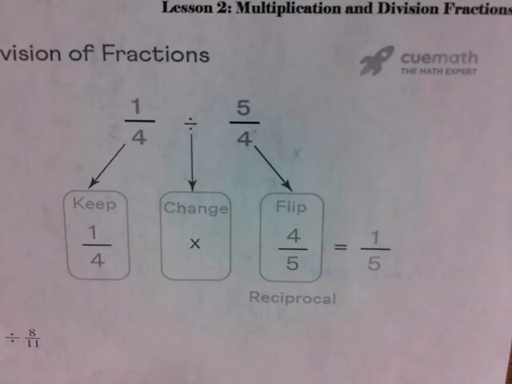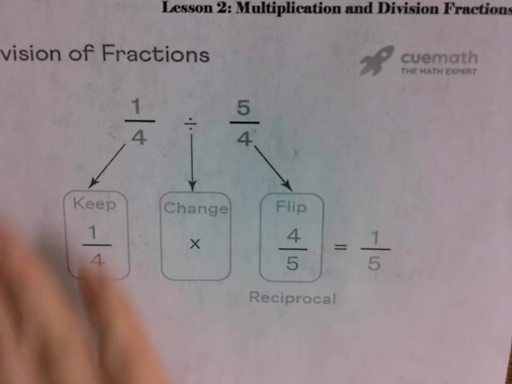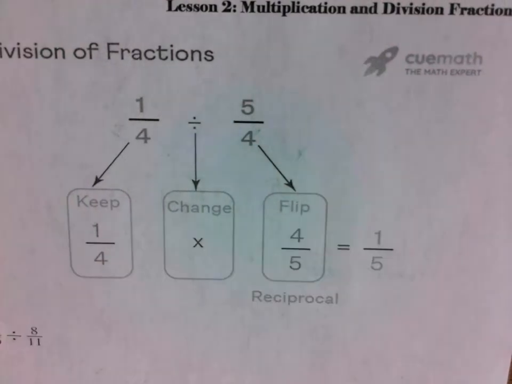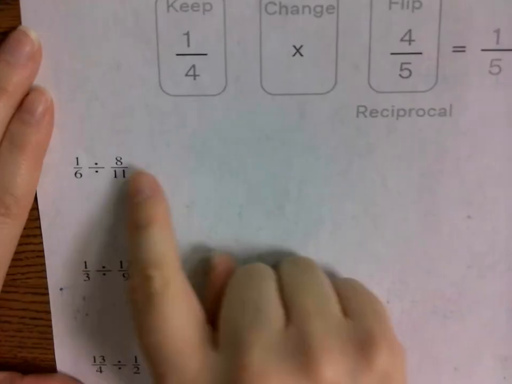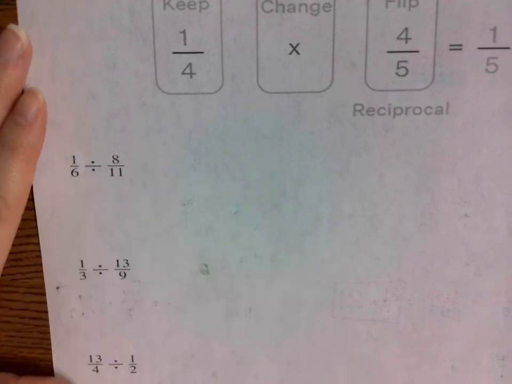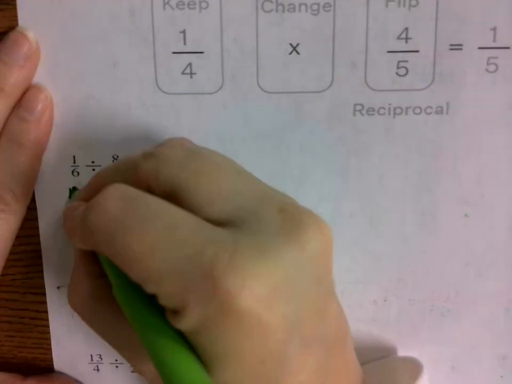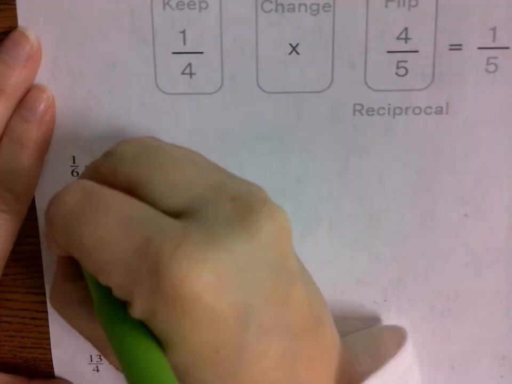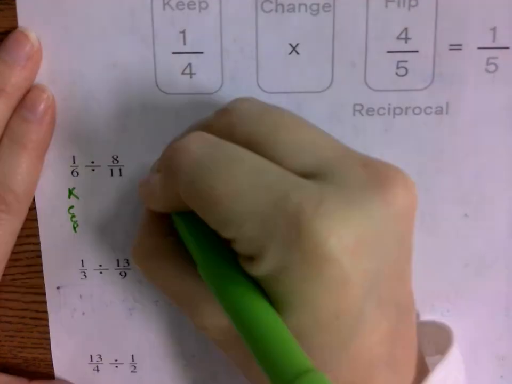So all division problems are really multiplication problems of the reciprocal. For problem number 1, we have 1 over 6 divided by 8 over 11. I'm going to keep my first one, 1 over 6.